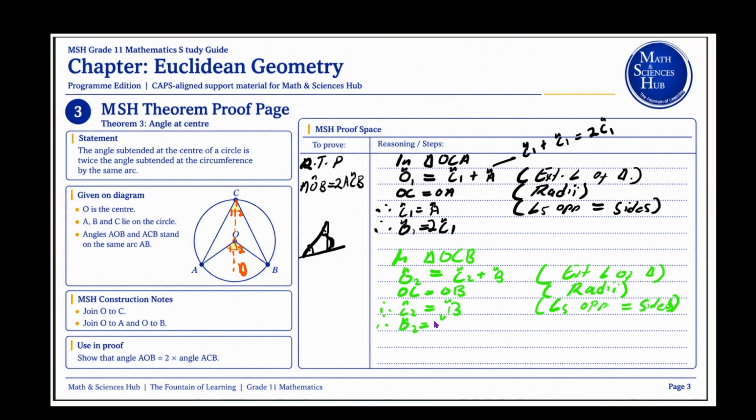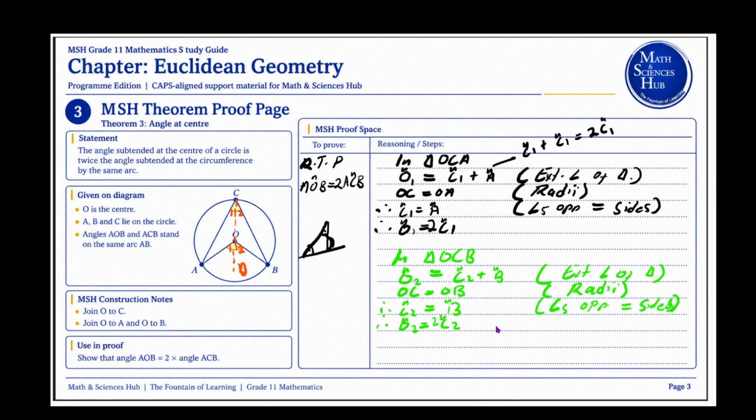Guess what? Twice angle C2, because we replace angle B with C2, so C2 plus C2 equals twice angle C2, same as what we did in the other triangle. So now we have angle O1 equals twice angle C1, and angle O2 equals twice angle C2.